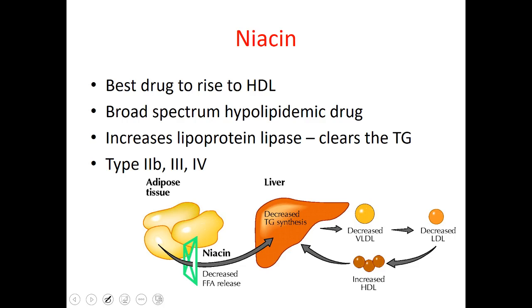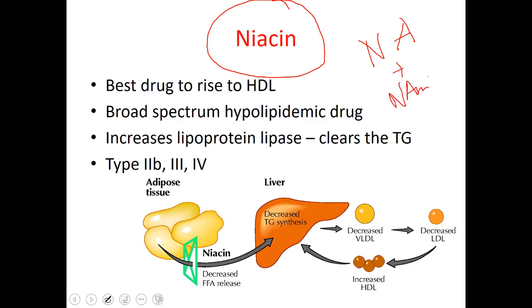The last major drug class for dyslipidemia is niacin, which is a combination of nicotinic acid and nicotinamide, which is vitamin B3. When you give niacin, it inhibits the adipose tissue lipase enzyme, lipoprotein lipase in adipose tissue.